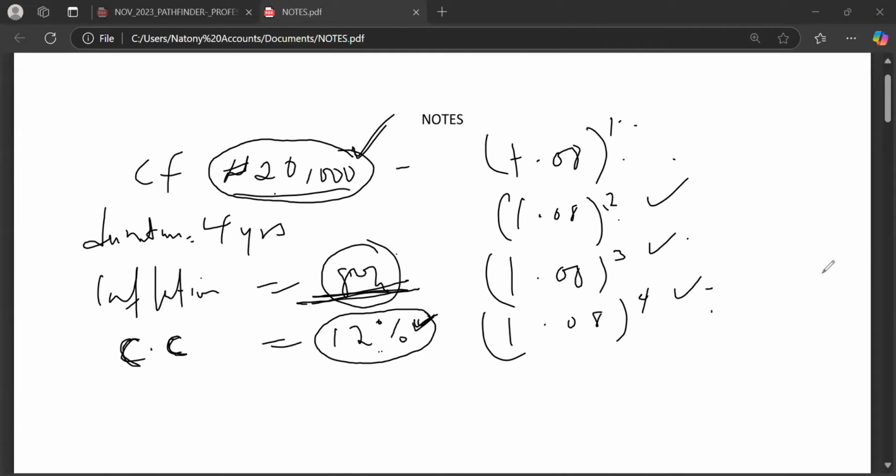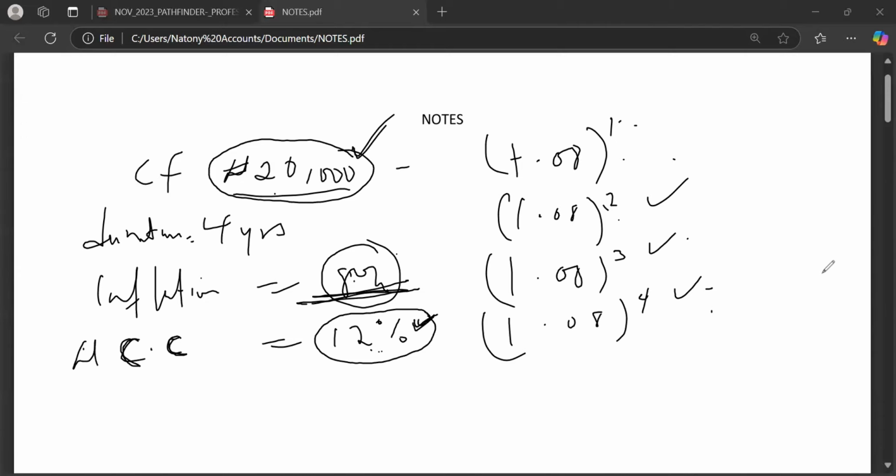But now you are given 12% as what? Nominal cost of capital. So nominal means that this has already been inflated with 8%. So you don't need to do any inflation here. But if it was not inflated, you would also need to capture that inflation. Okay. So now, this is one way this can come in your exam.